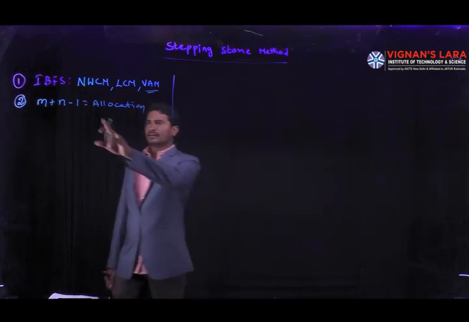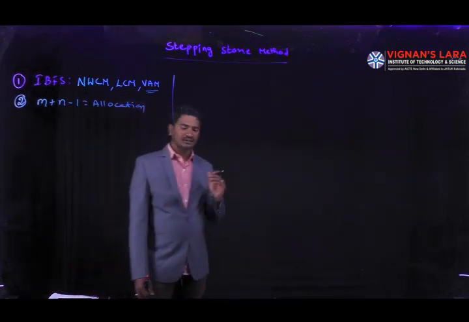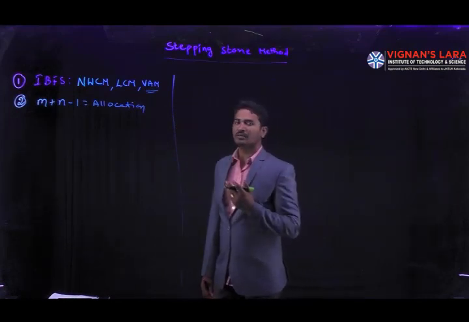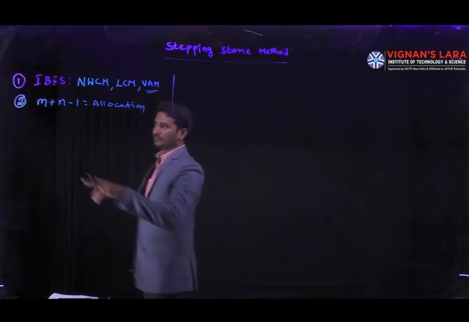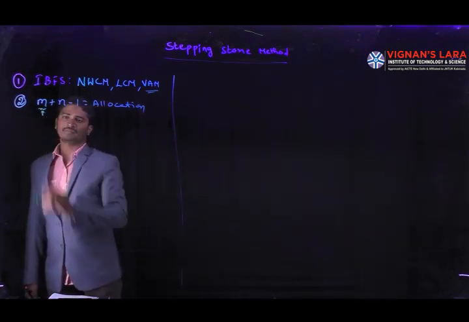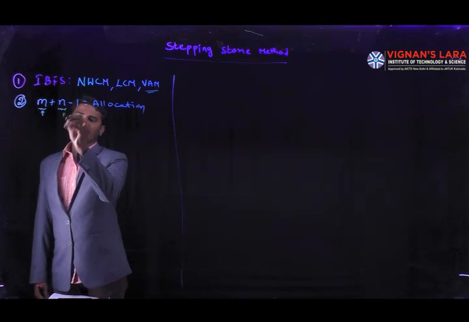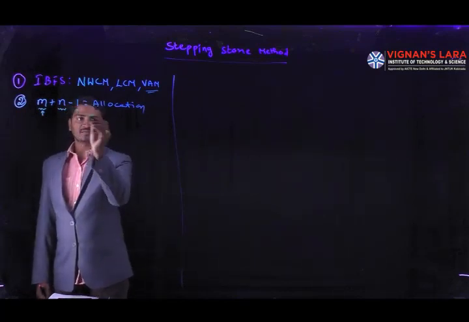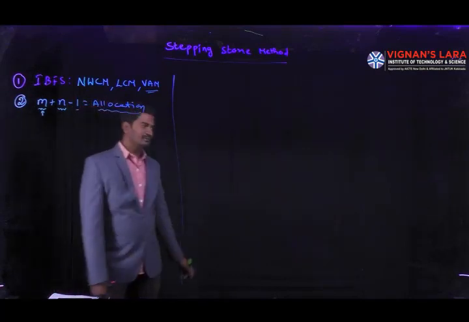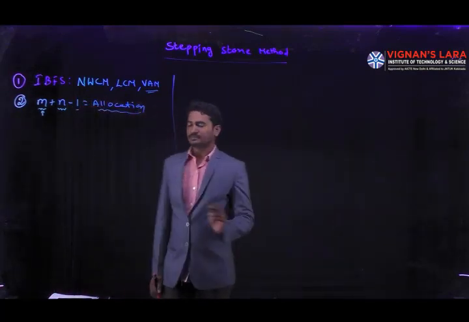If it is not equal to the allocations, it is degeneracy. Again we have to resolve the degeneracy, and only then go for step 3. Here m is the number of rows and n is the number of columns, minus 1, and the allocations are those made in the initial basic feasible solution.